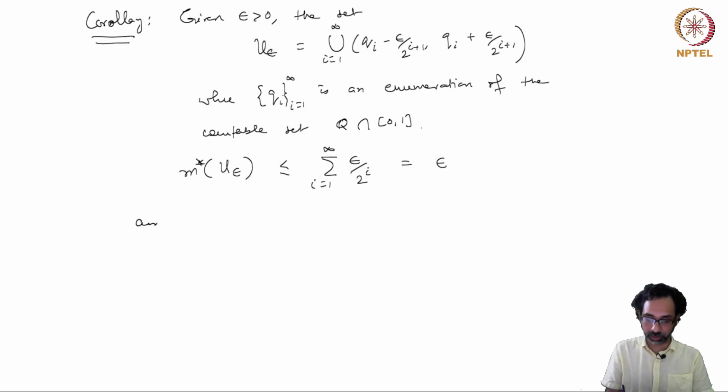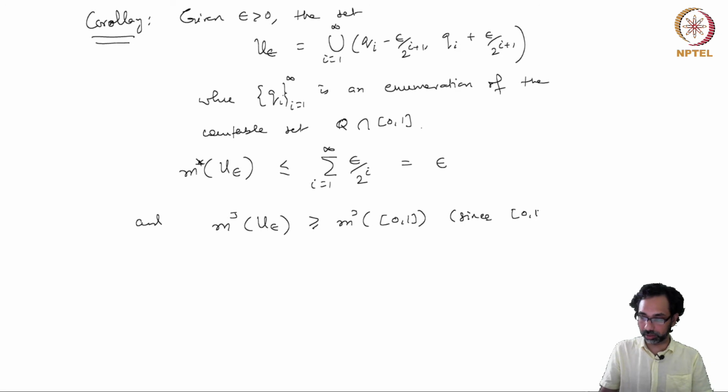And the Jordan outer measure of U epsilon is greater than or equal to the Jordan outer measure of [0, 1], since [0, 1] is a subset of U epsilon, because the rationals are dense in [0, 1].